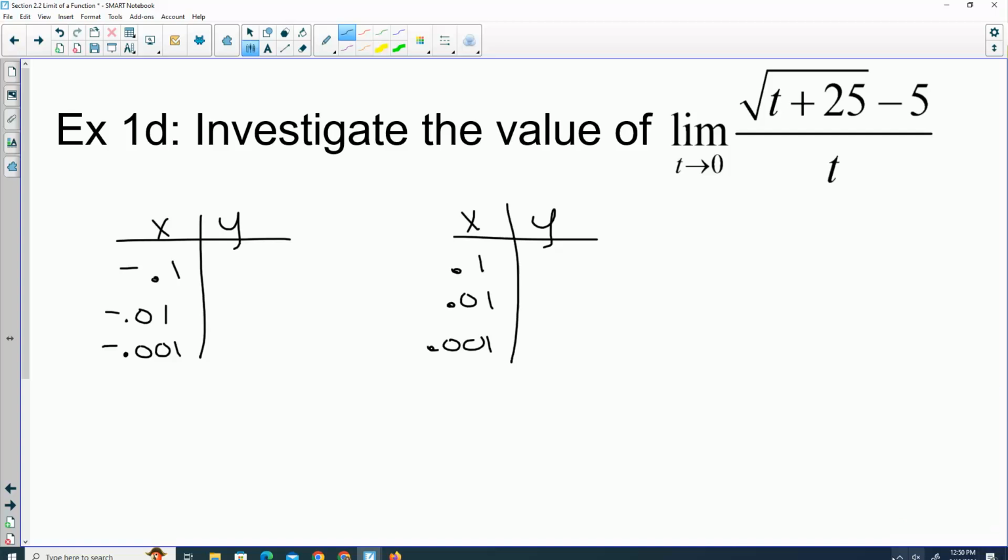Negative 0.1. Negative 0.01. Negative 0.001, with 3 zeros and then a 1. Yes, sorry. Positive 0.1.